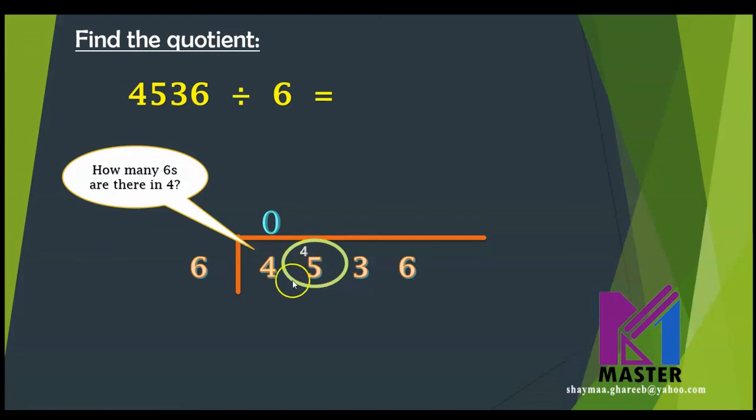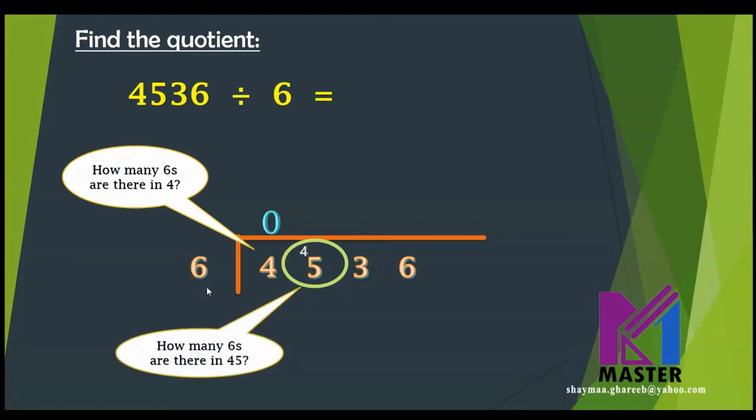5, but this number will be 45. So 45 divided by 6, how many 6s are there in the 45? Yes, 7 6s, because 7 times 6 is 42. So it will be 7 remainder 3.